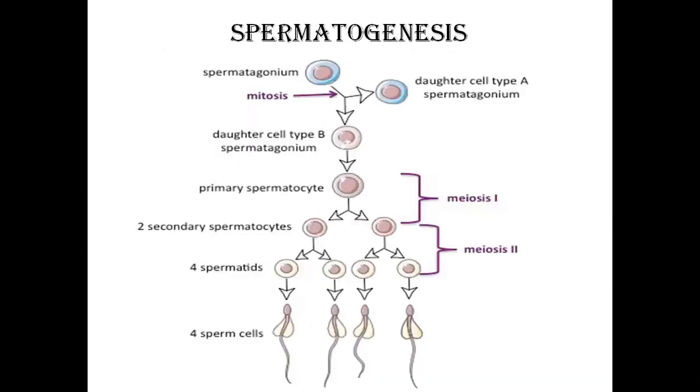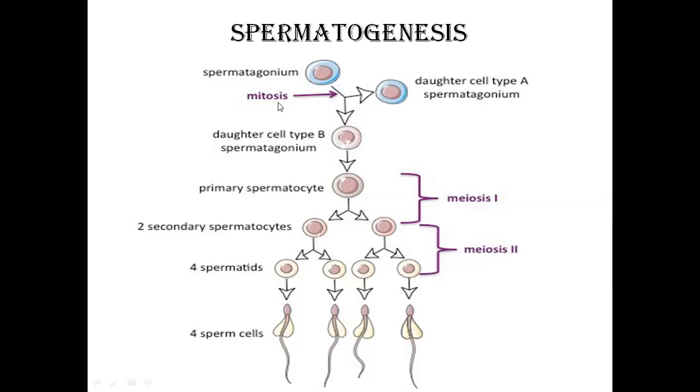Now, spermatogenesis. The outermost cells, as we have seen, or the primitive germ cells, are the spermatogonia in the embryo of the male fetus. Now, spermatogonia during infancy and childhood undergo several mitotic divisions.